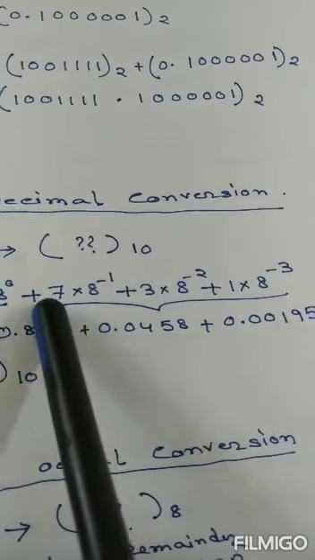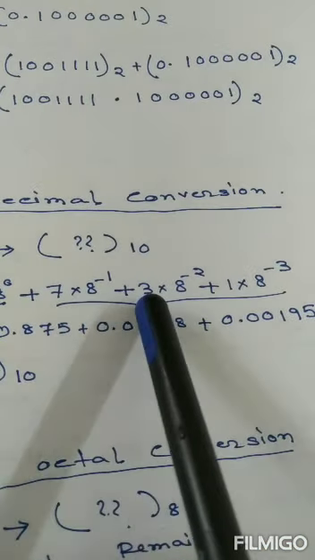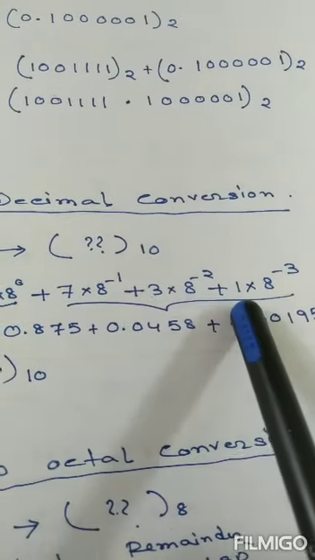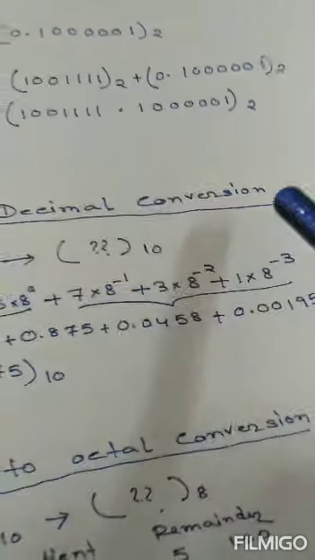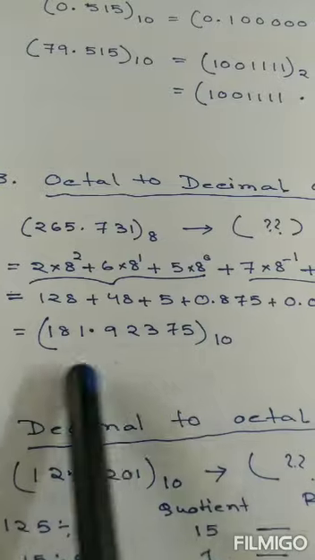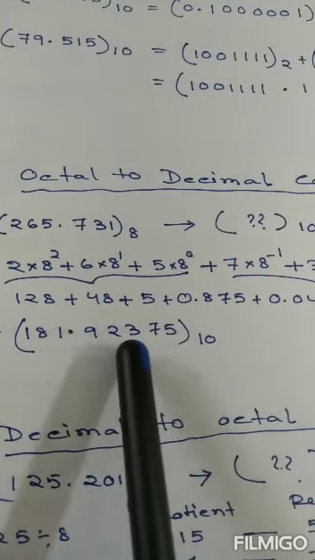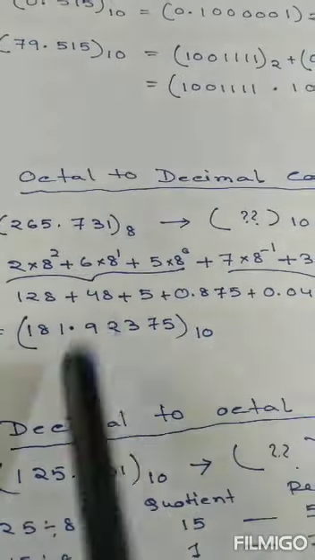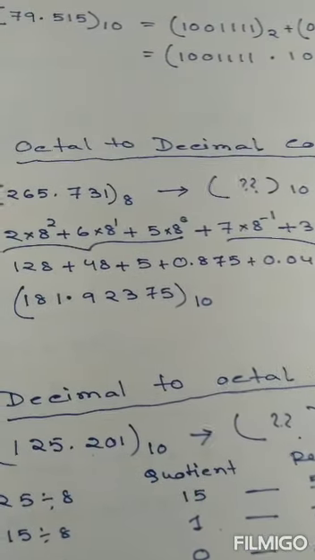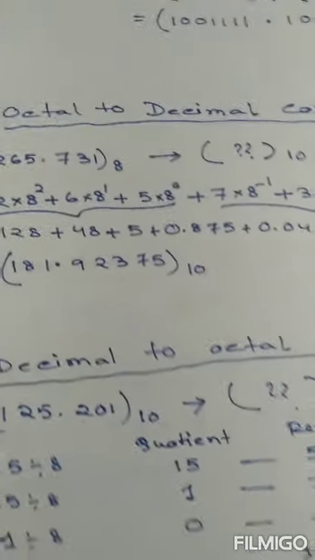So 7 into 8 to the power minus 1 plus 3 into 8 to the power minus 2 plus 1 into 8 to the power minus 3. And adding the values, we'll get the decimal number, that is 181.92375. This is the conversion of octal to decimal.